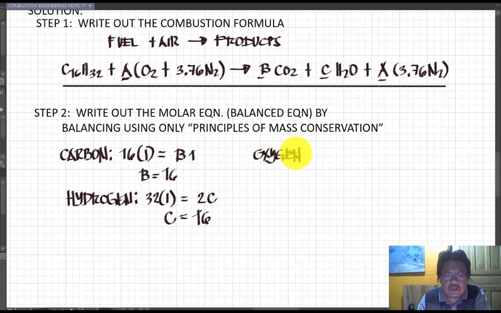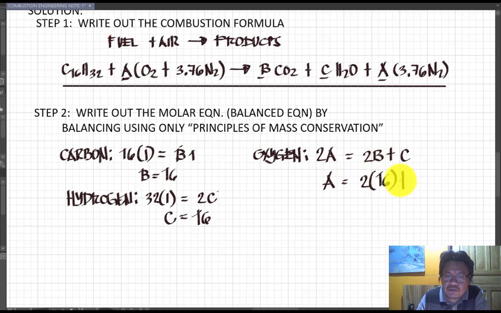Then we have your oxygen. Okay, so that will be O2, so that will be 2 times A in our air. Then on the other side, we have 2 times B, then we have here C. Since B and C are given, we can compute the value of A. Substituting the values, A is equal to 2 times the value of B, which is 16, then add the 16, no?